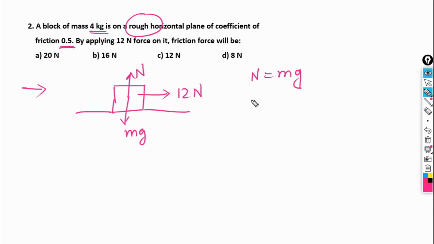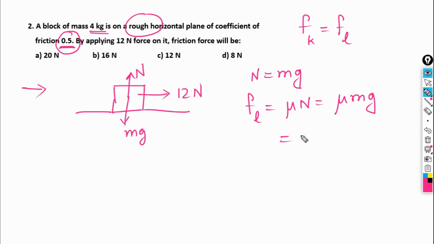Second, always we will find limiting friction. Here it is not mentioned whether 0.5 is the coefficient of static or kinetic friction. If we need kinetic friction, we will take Fk equal to FL. So FL, limiting friction, equals mu into N, mu into m into g.